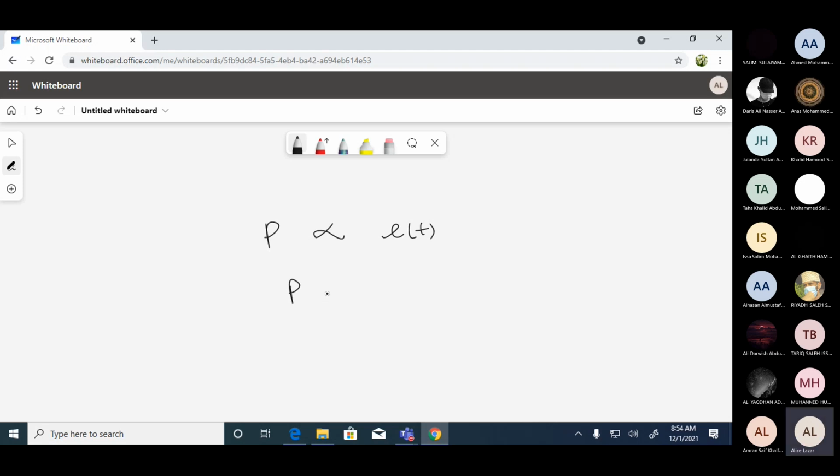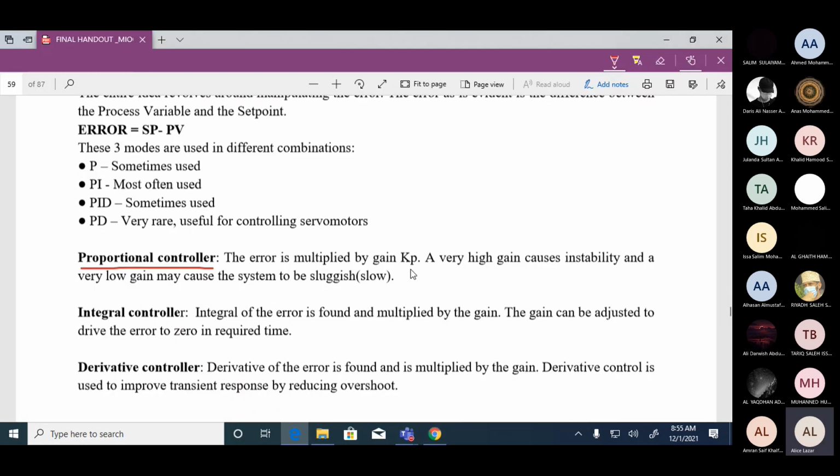If I write the equation, it becomes Kp into E of t, where Kp is called the proportional gain. In the proportional controller, we are multiplying the proportional gain by the error signal. Okay, so this is how the proportional controller works.